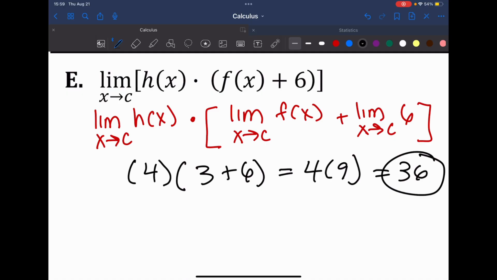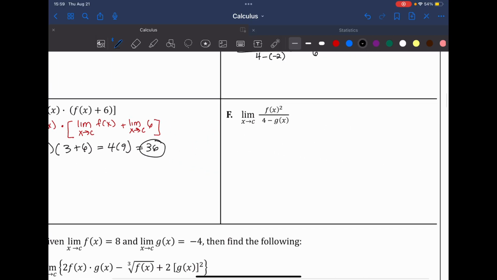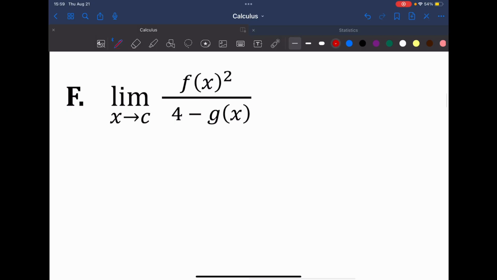And then last one for this example, F. It looks like here that we have the square, so we have the power, we have a constant, we have quotient, we have difference, we have a mix of everything here.